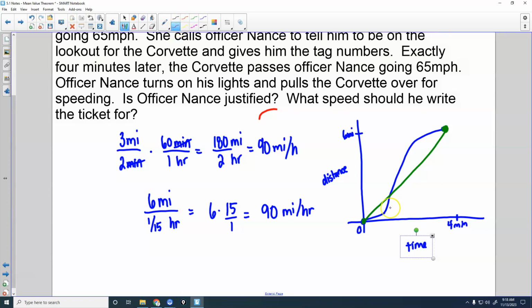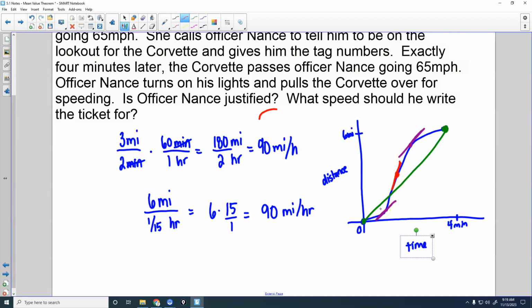So we know at some points, like maybe around here and around here, this is a guess, this is not a precise graph obviously, he was going 90 miles an hour. How fast was he going right here? Right here, he was going faster than that.